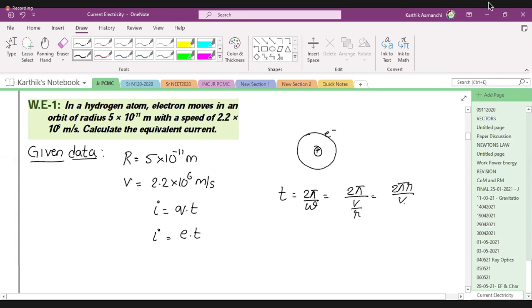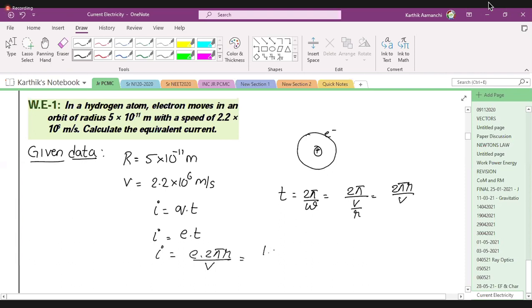And V is your speed. Distance by speed again is time. Again coming to the basic fundamental formula. So this will be E into 2 pi R by V.